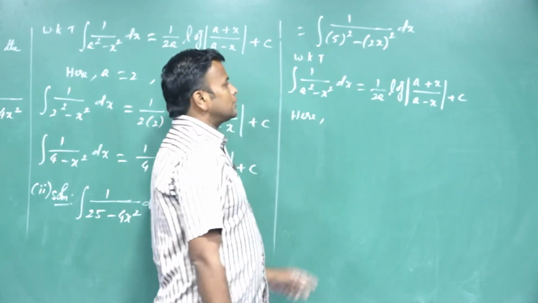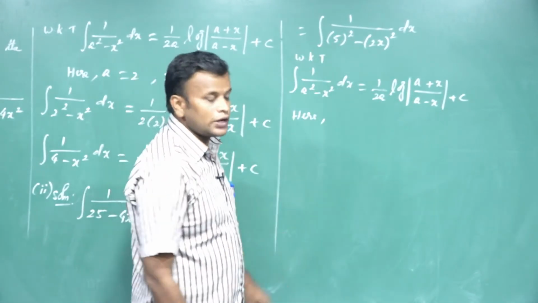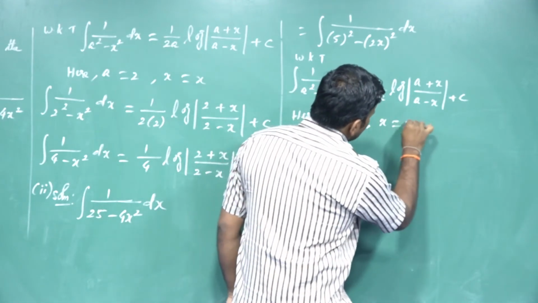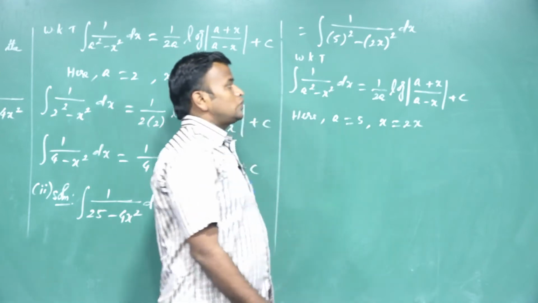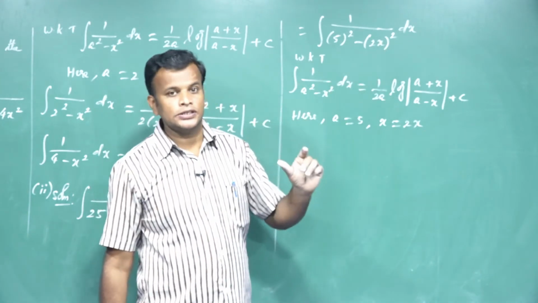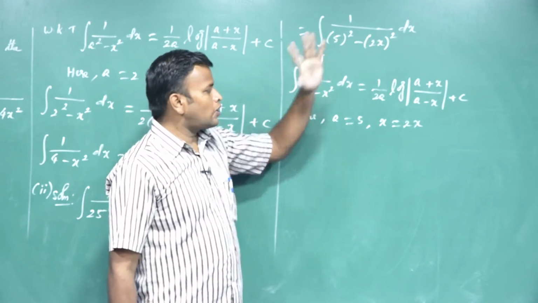Comparing the formula to our given sum, here in place of a, 5, so a value is 5. And in place of x, 2x is there. So it's a composite function. So now I have applied this formula.